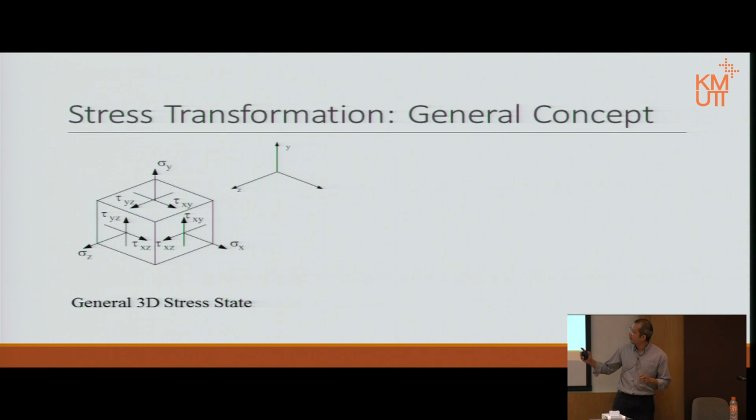This is the general view of how the three-dimensional stress is applied onto any single element in the body that is subjected to force. Of course, we can see the components of the shear stresses and the normal stresses.